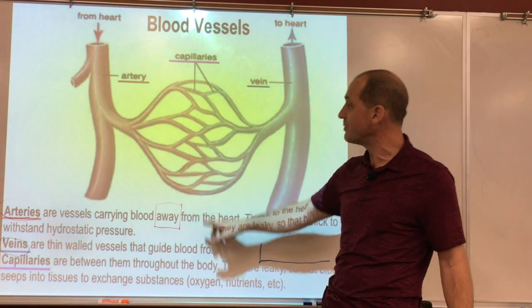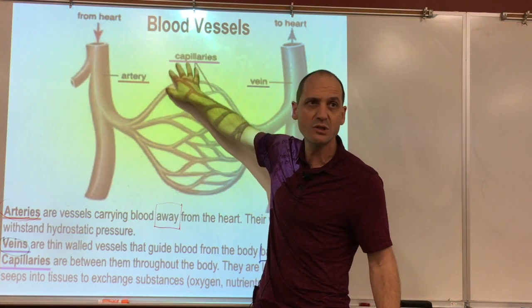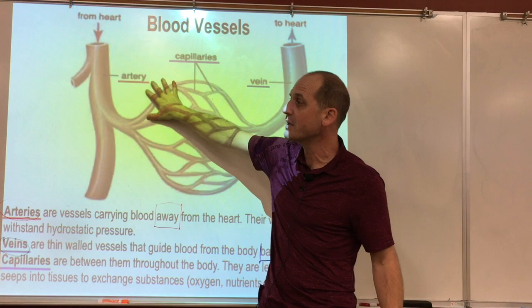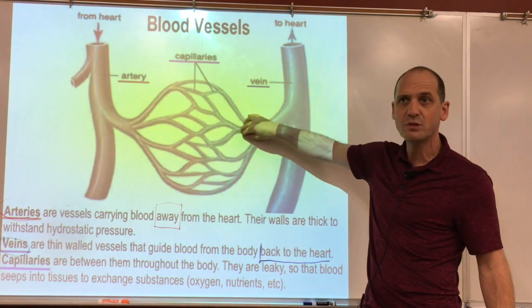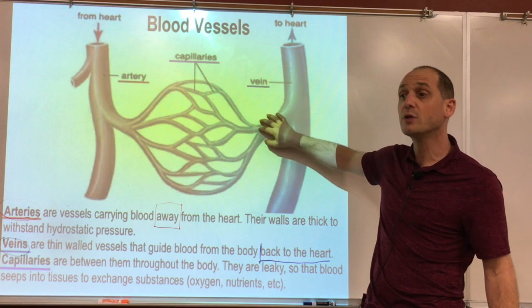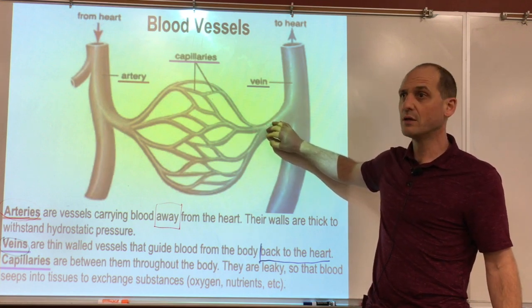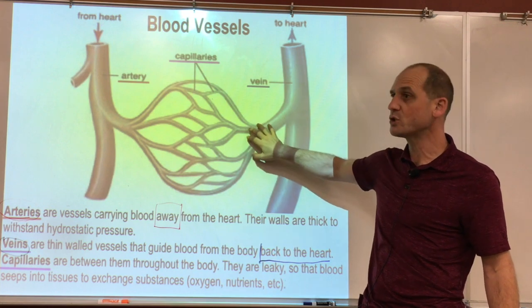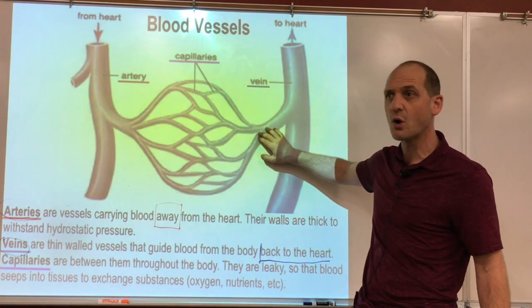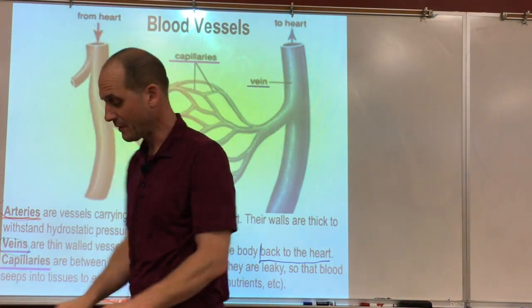The fluid from inside the capillaries seeps into the tissues on the artery side, and then on the venous side it pulls it back into the system. Also the lymphatics, lymphatic drainage, helps this system. We want to talk about that on Monday.